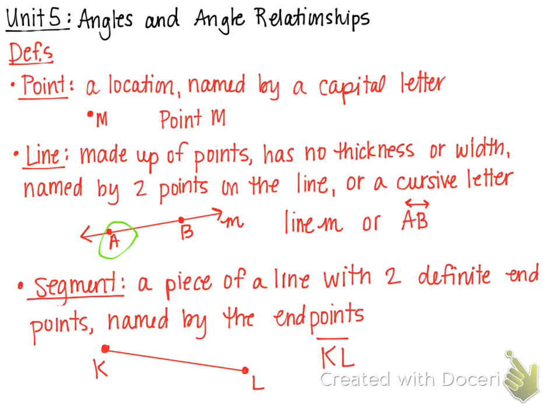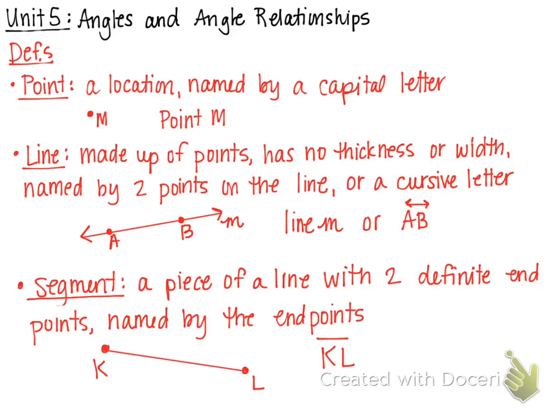So I can name that by the 2 points, and it can be any 2 points on that line, and it's got this little line above it, and we've got 2 arrows on the end because both of these ends go on forever and ever. They're infinite. Also, do you notice this little lowercase cursive letter located by the line?